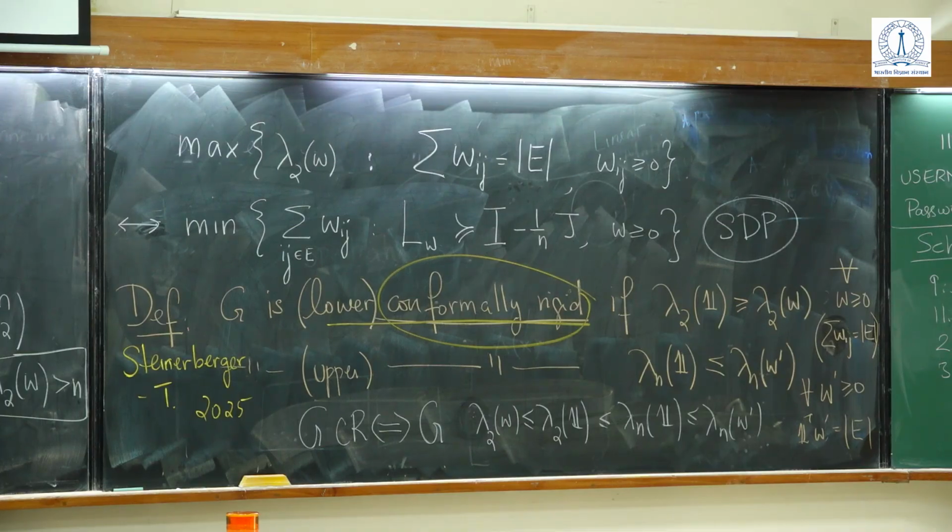Let me ask you the following question. Suppose you have a collection of numbers, x1 through xn, and you're minimizing the summation of wij such that LW is greater than or equal to something. Instead of saying that, can't we say that LW is greater than or equal to LKn?